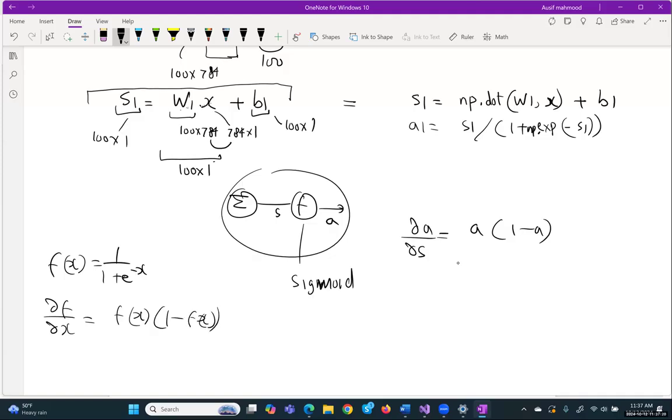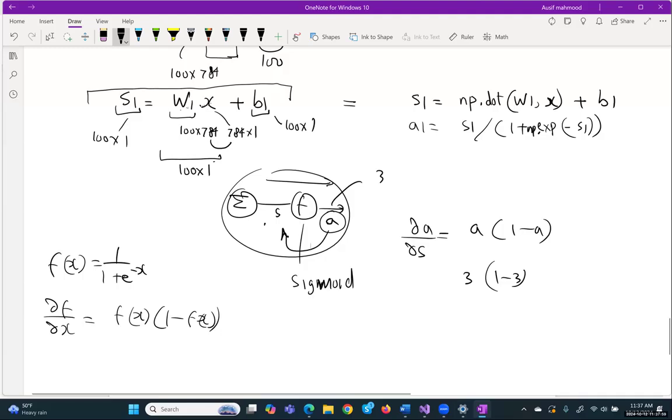So if we call the output f of x as A, then it is A times 1 minus A. I had given you an example: suppose we do a forward pass and A turns out to be 3. Then going backwards, partial A over partial S will be 3 times 1 minus 3. That's why we picked these activation functions such that their derivatives are extremely easy. They can be described in terms of the value of the output.